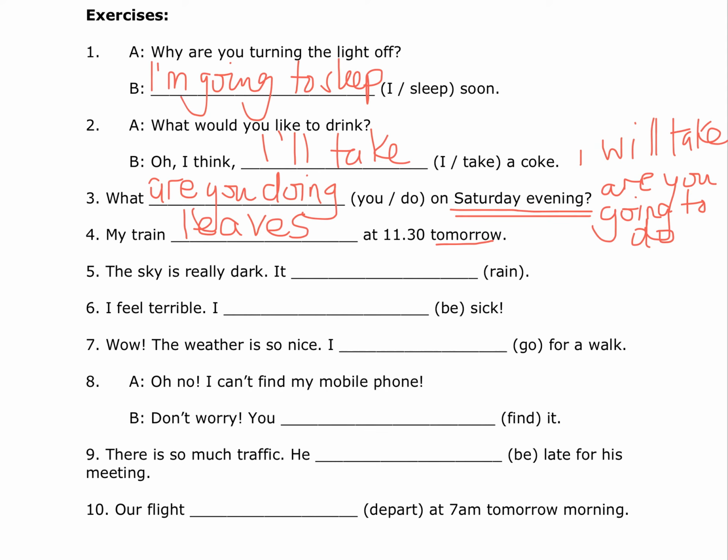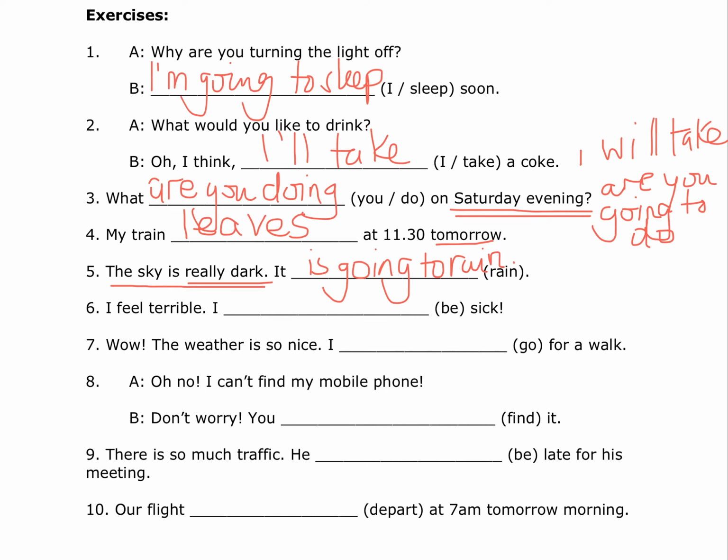So if you look at the fifth sentence, this is a prediction, but it is a special prediction because it is based on evidence. So the sky is really dark. It is going to rain. Because we can see that the sky is already really dark.